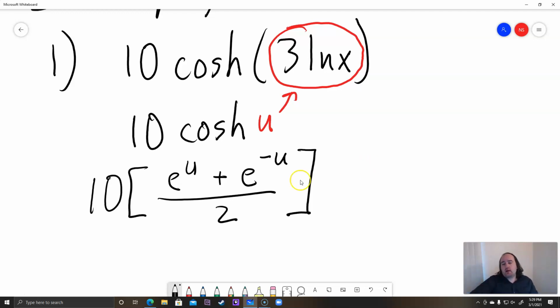Okay, but remember, u is just what I was calling 3 ln of x, just to make it easier for people to understand. So instead of writing e to the u plus e to the negative u here, we're going to rewrite it in terms of 3 ln of x. So it's going to be e to the 3 ln of x plus e to the negative 3 ln of x all over 2.